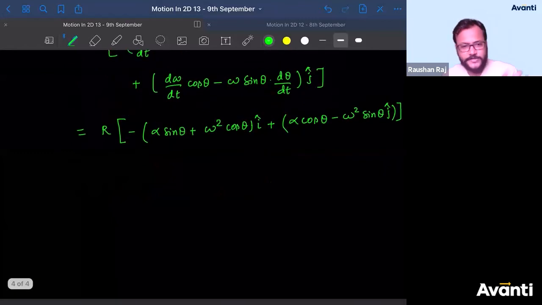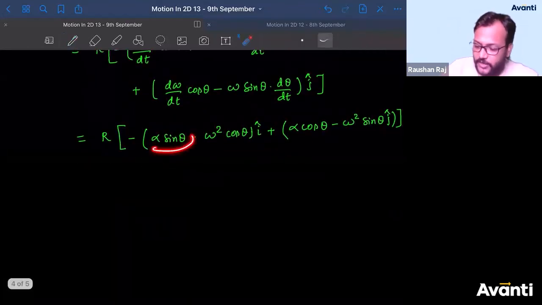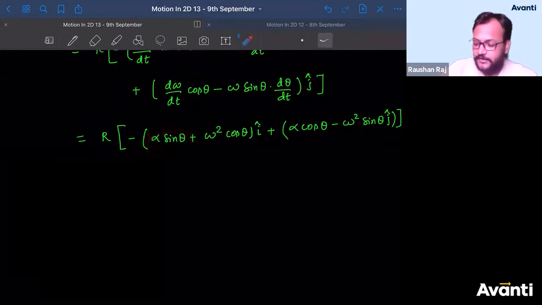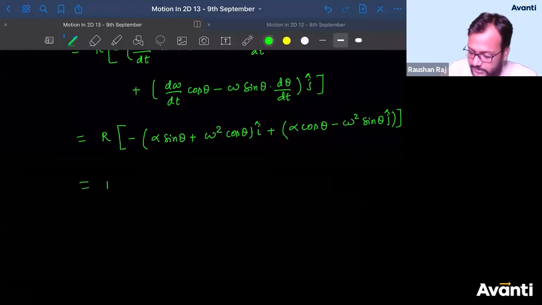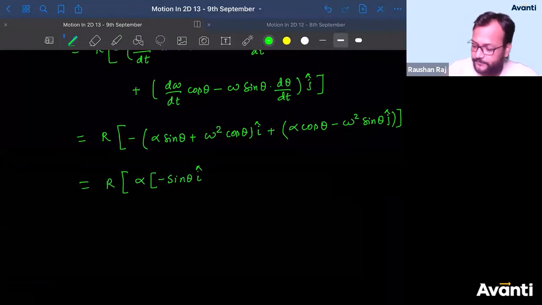Now let us simplify a little more. Let us rearrange it. Let us take alpha as constant. Where is alpha? Here alpha is there, here alpha is there, right? So I'm going to write this as R into alpha into minus sine theta I cap plus cos theta j cap.